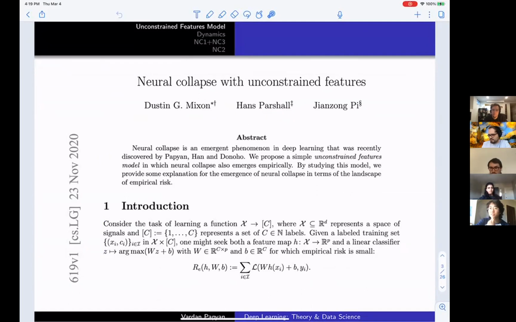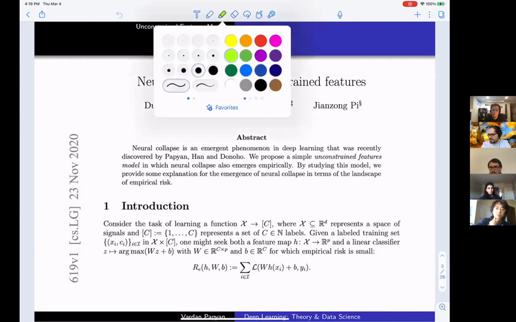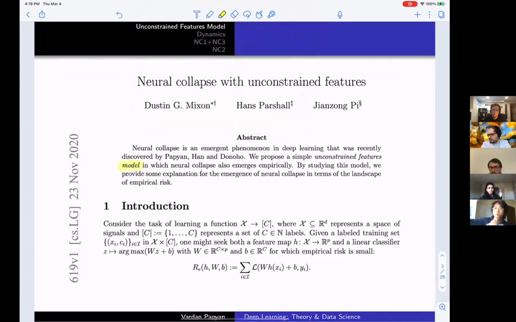We propose a simple unconstrained features model in which neural collapse also emerges empirically. Notice that the emphasis here is on the word model. By studying this model, we provide some explanation for the emergence of neural collapse in terms of the landscape of empirical risk. So their goal is to propose a model and to prove that under this model, neural collapse occurs.